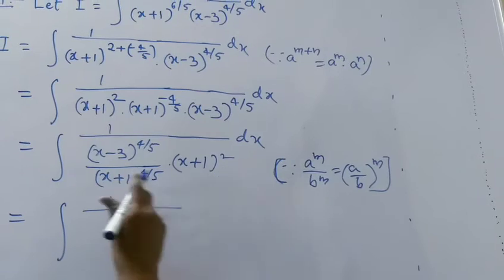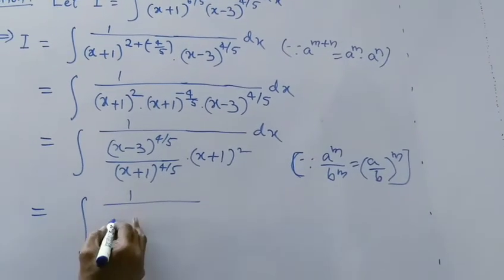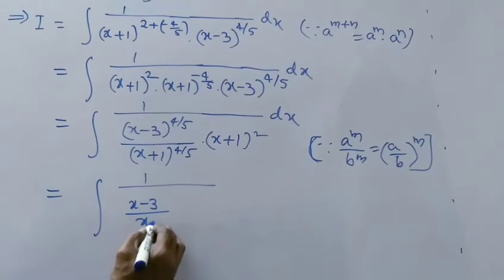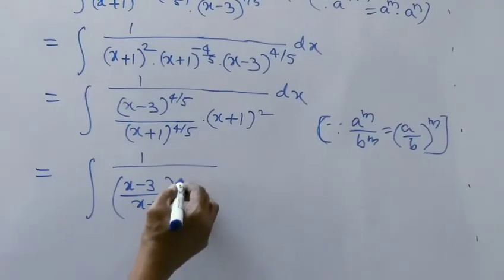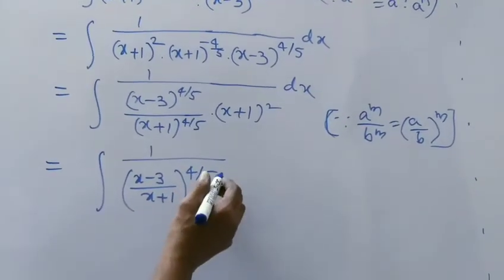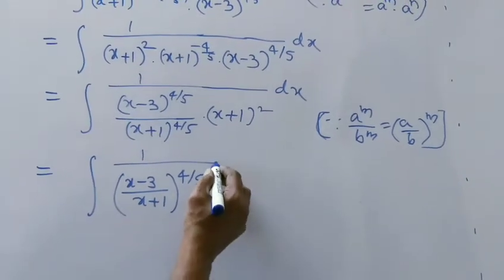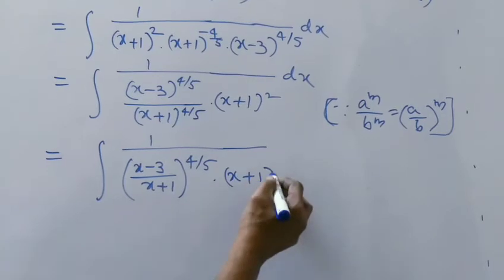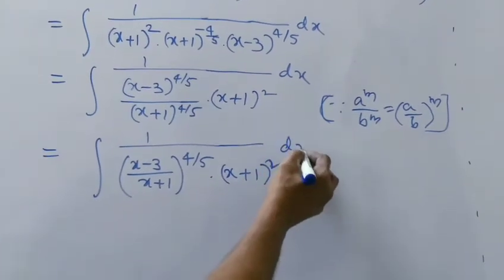According to this, it becomes x minus 3 by x plus 1 whole to the power of 4 by 5 into x plus 1 whole square dx.